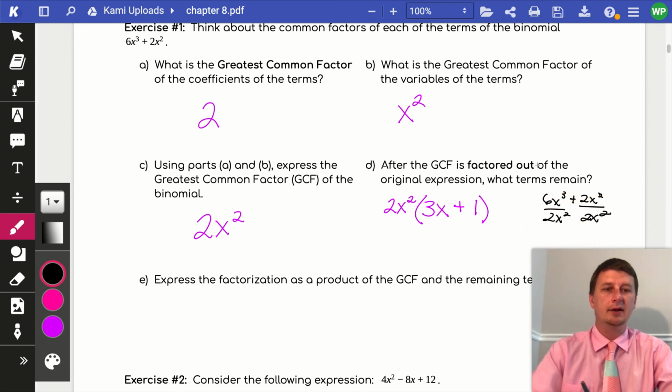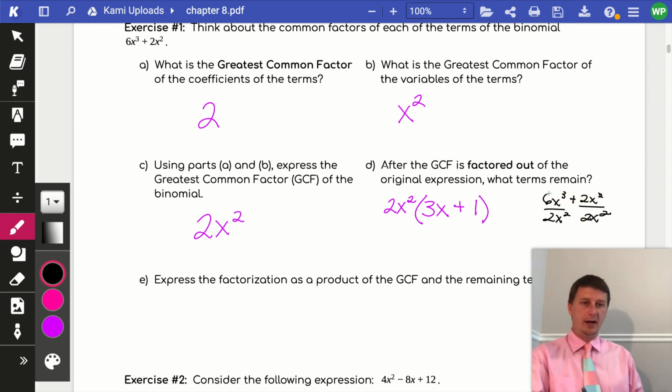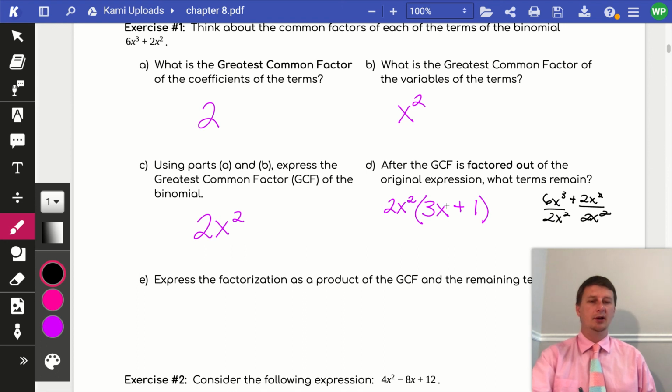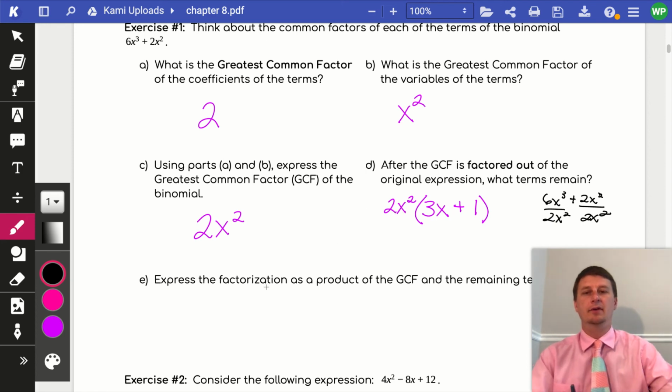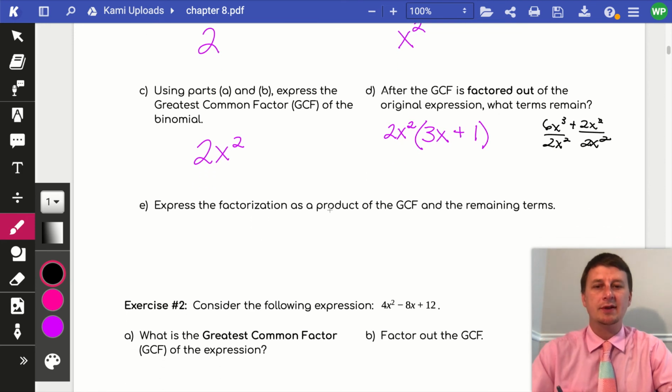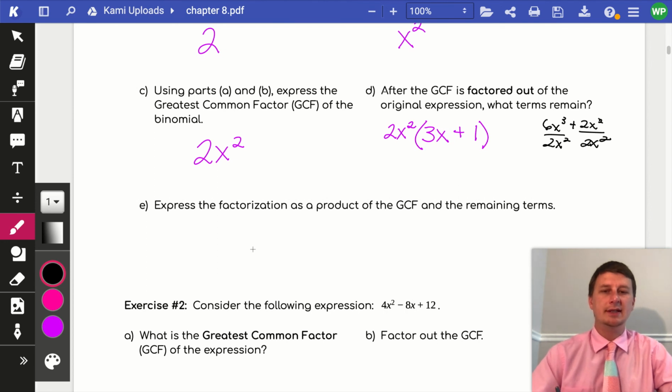So when you divide 6x to the third by 2x squared, you're going to be left with just 3x. And when you divide 2x squared by 2x squared, you're going to be left with just the 1. So this is how we write our factorization of this binomial right here. We factored out the GCF, and then that's what's left over. And that's what part E says, express the factorization as a product of the GCF and the remaining terms. So that's exactly what we're going to have written there, 2x squared times 3x plus 1.